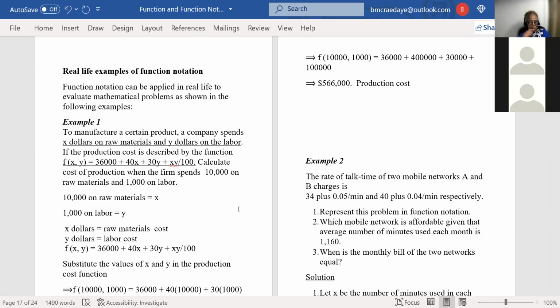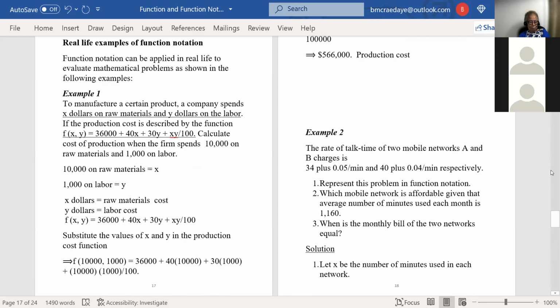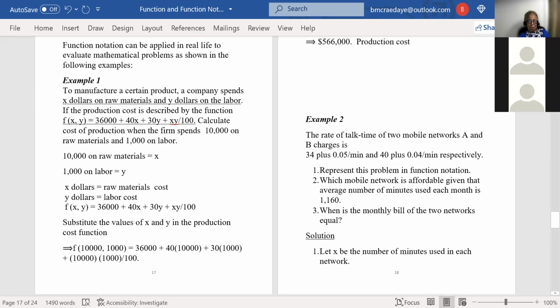Okay, so it's a matter of substituting the values of X and Y in this formula, and that's exactly what we did. There's the XY, 10,000 times 1,000, that's X times Y divided by 100. So we did that, the 10,000 times 1,000, and then divided it by 100, and that gave us 100,000.